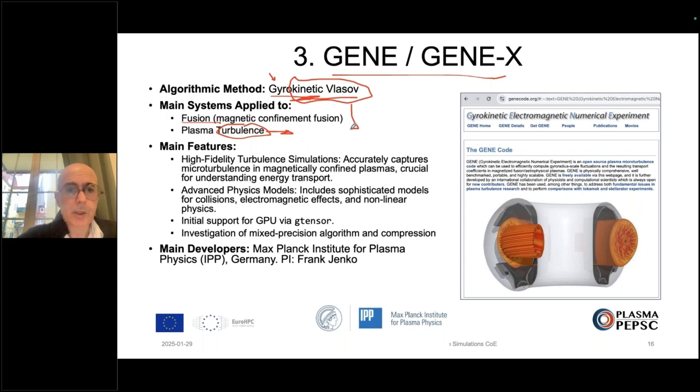achievement here. So these are high fidelity turbulence simulations.